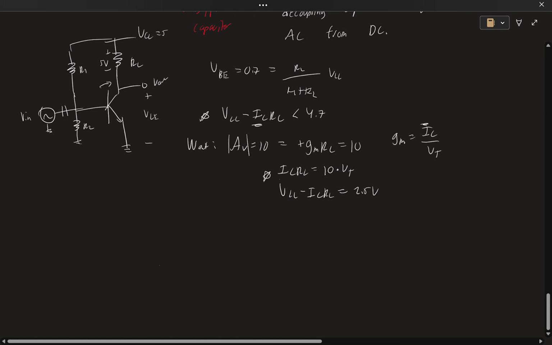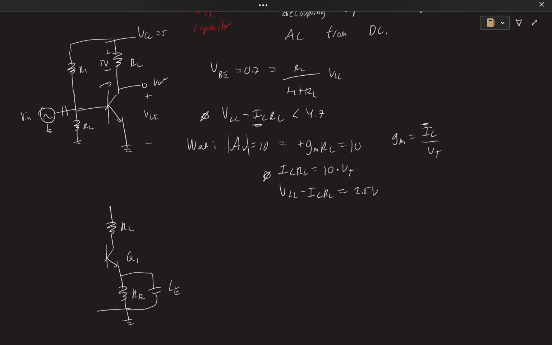Next scenario is if we have the same thing, RC, NPN Q1, RE, and CE, and I'm not going to go too much into this. Same topology, same R1, R2 biasing, same idea applies here.